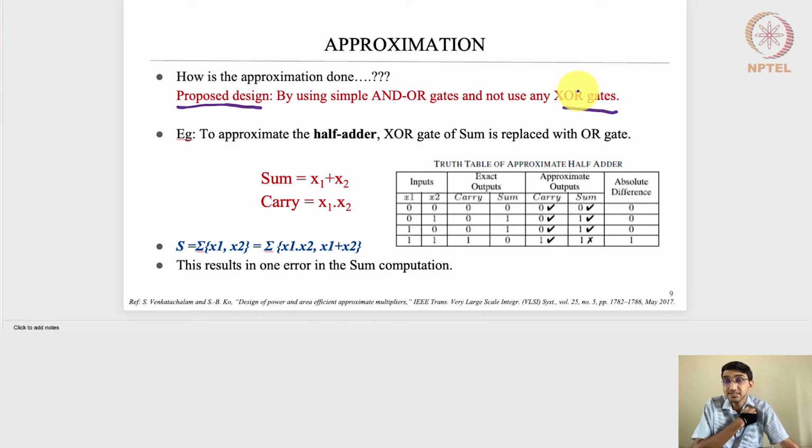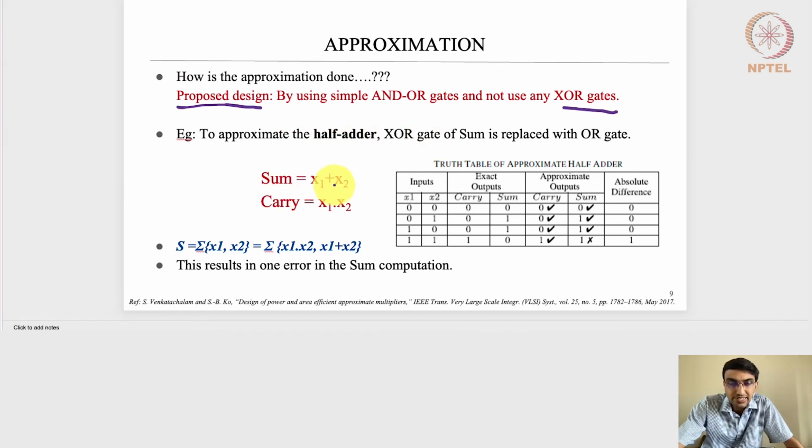And of course we will get some error, but if that error does not have that much of an impact, then we will get reduced delay. We'll also avoid the XOR gate which occupies more area, and instead use AND or OR gates.